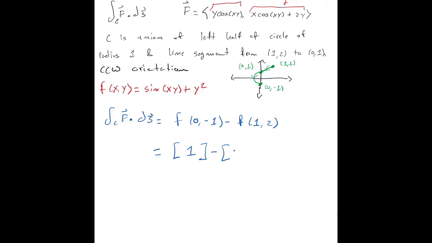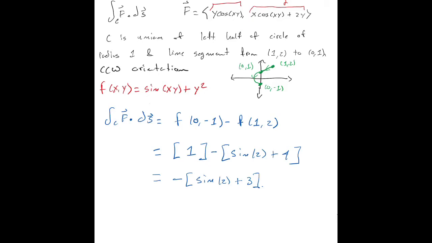So this is going to be sine of 2 plus 4. And overall, this is minus sine of 2 plus 3.